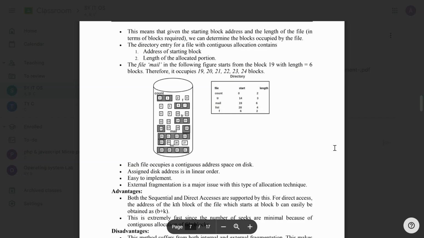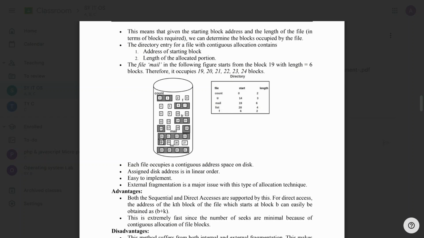So for the main file we refer to the first block as 19, and hence it is contiguous allocation of memory. Then we go to 20, 21, 22, 23, and up to 24, because the length is 6.